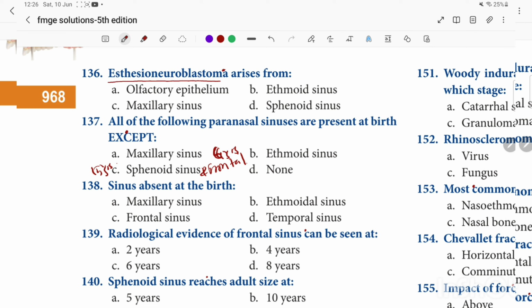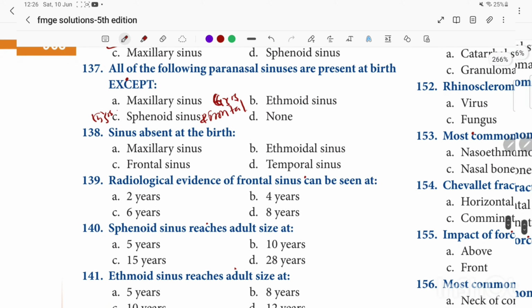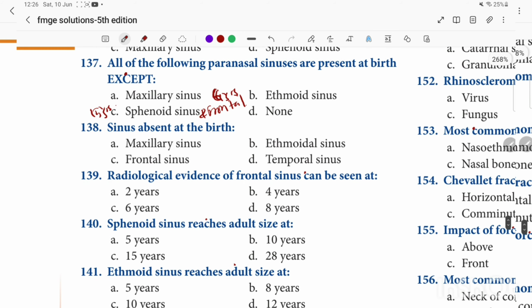Esthesioneuroblastoma arises from the olfactory epithelium. All of the following paranasal sinuses are present at birth except which? Sphenoidal and frontal sinus are not present at birth.